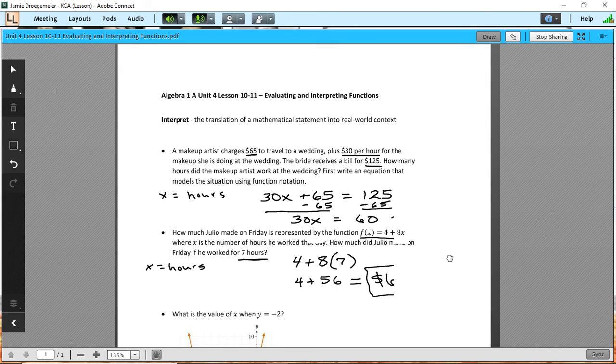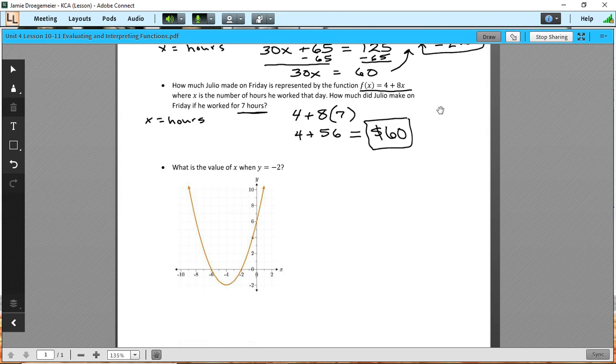And then finally, our last question here, they've given us a graph, and they want to know what's the value of x when y equals -2. Well, so remember, x-axis is our horizontal axis, y-axis is our vertical axis. And so when y is -2, that's down here.